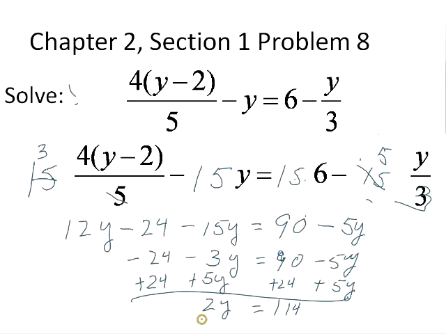Our final answer then, if I divide both of these sides by 2, I'm going to end up with simply y over here, and on this side I'm going to end up with our answer, which would be then 57. So this completes this particular problem.